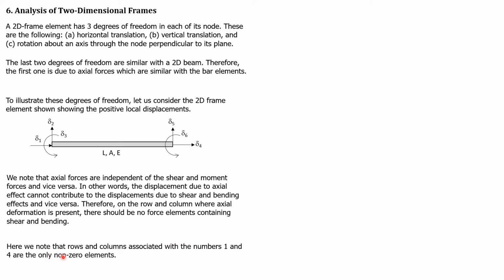So here we note that rows and columns associated with numbers 1 and 4 are the only non-zero elements. So row 1, row 4, or column 1, column 4 will have force coefficients, and for the rest, it will be 0 for these particular numbers.